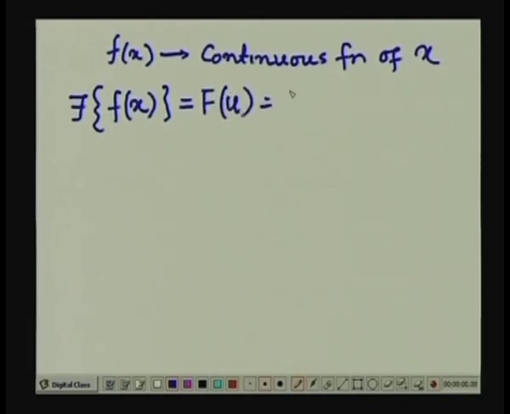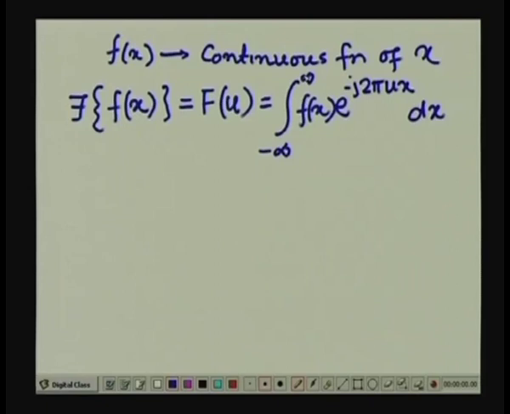This is given by the integral expression, the integral of f(x) e to the power minus j 2 pi u x dx, where the integration is carried over from minus infinity to infinity.